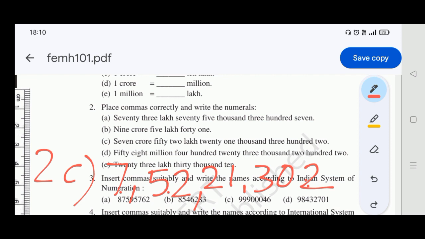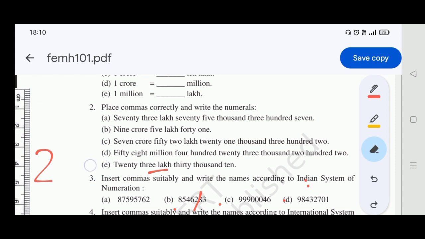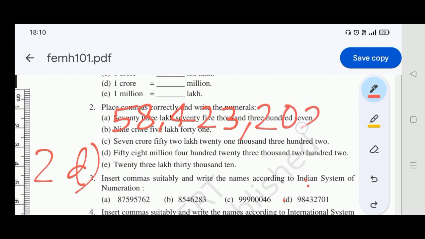Done. 7 crore 52 lakh 21,302. Moving to D part, 58,423,202.